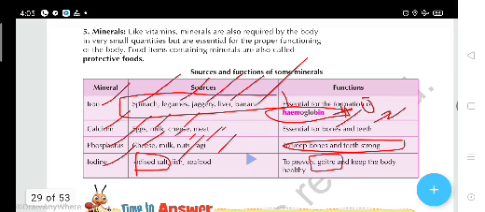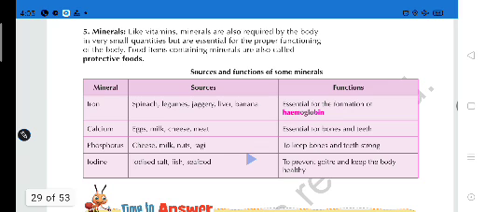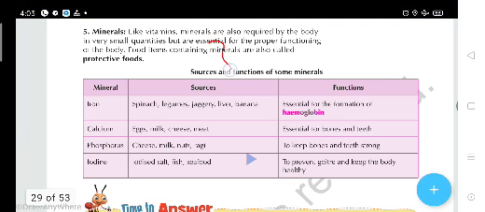Students, what is goiter? Have you seen any person with it? Let me draw a picture of this person, and his neck has become swollen, like this.